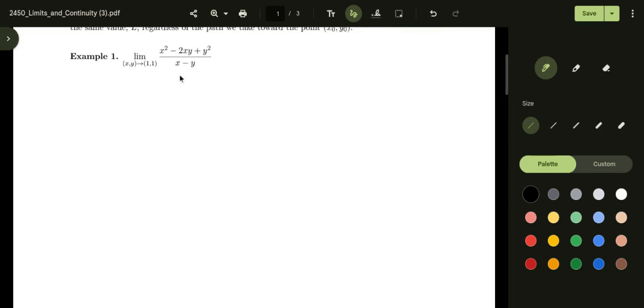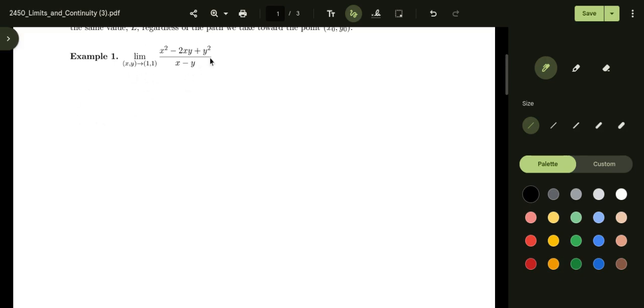So let's go ahead and look at an example. We have the limit of this function, x squared minus 2xy plus y squared, all divided by x minus y, as xy approaches 1, 1. Thinking back to Calculus 1, the very first thing that we always tried with our limits was, can we do direct substitution?